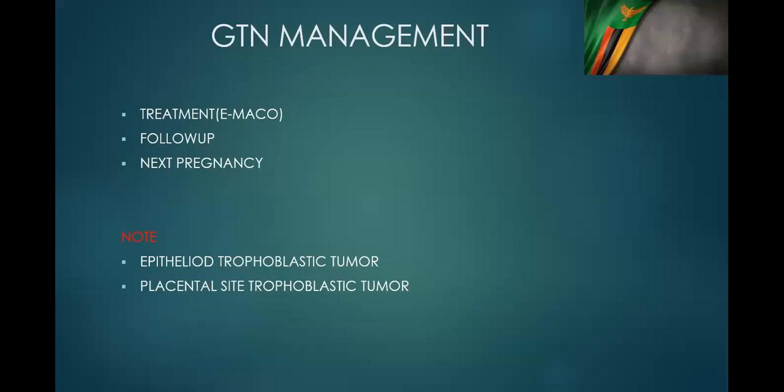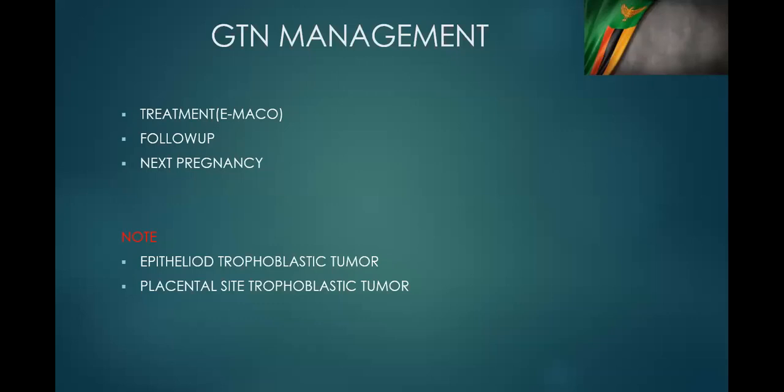As they are being treated like this, beta HCGs are being measured weekly because we have a big problem here. We are measuring these beta HCGs weekly as we treat the patients, and we want to see a lowering of the beta HCG. Once the beta HCG has become undetectable, that's where the treatment ends.